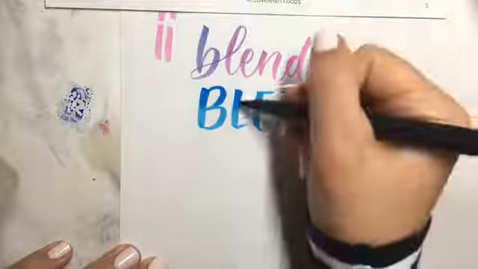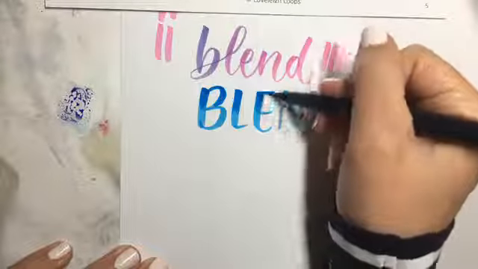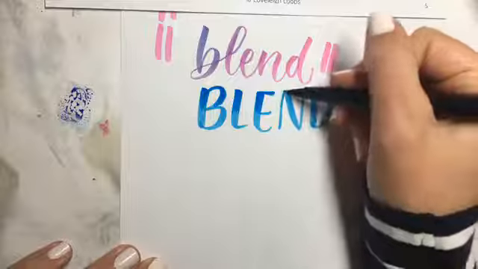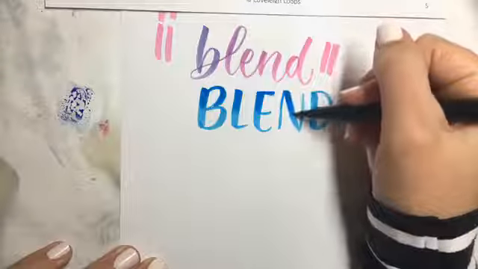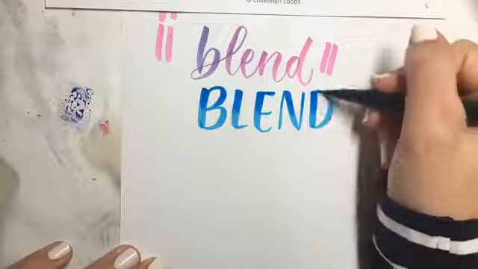I don't know how well you can see this in the lighting, but going back over it to darken it up at the top. And if you happen to have a colorless blender, which I'll show you in a second, then you can blend even more.